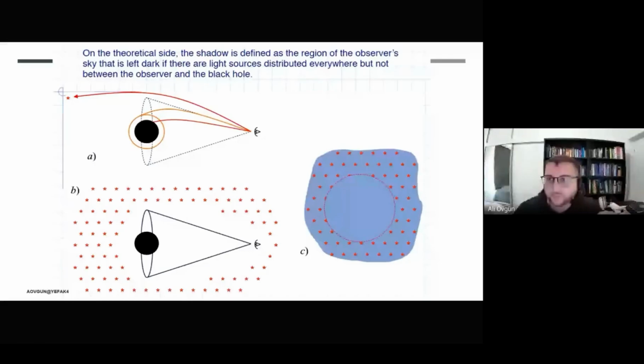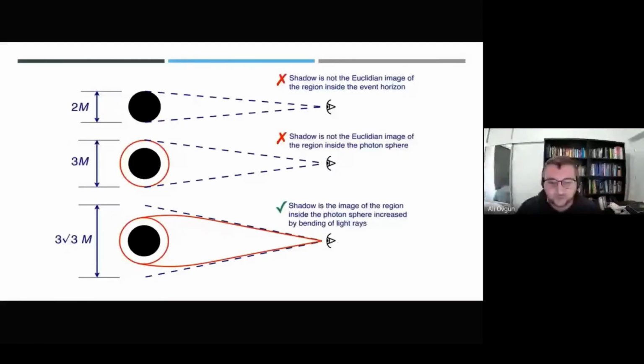But the important thing is that the shadow is not a Euclidean image of the region inside the event horizon, and it is also not the Euclidean image of the region inside the photon sphere. The shadow image is the image of the region inside the photon sphere, enlarged by the bending of the light rays, and it is approximately equal to 2 times the Schwarzschild radius.